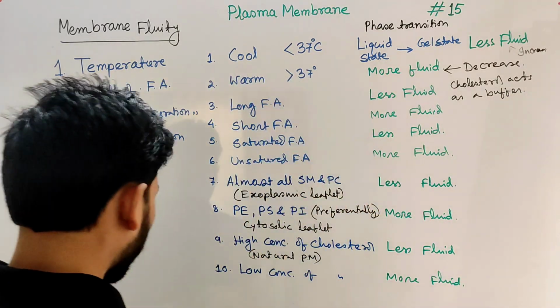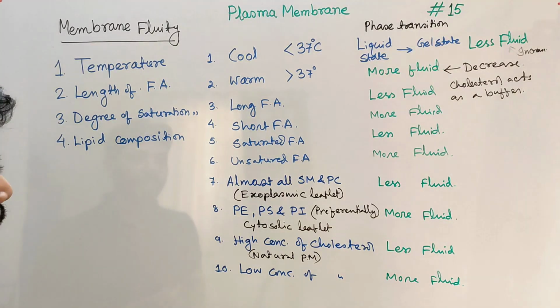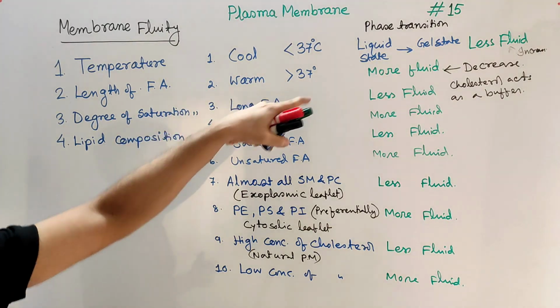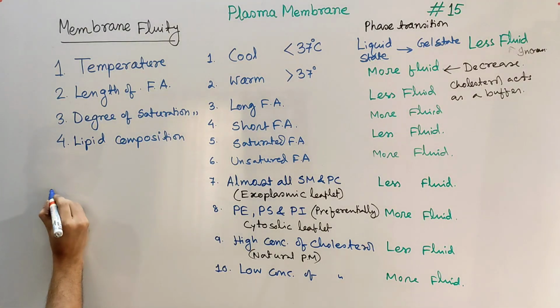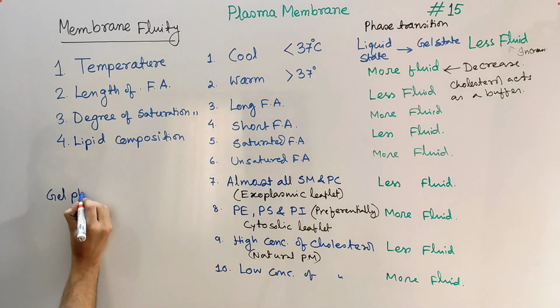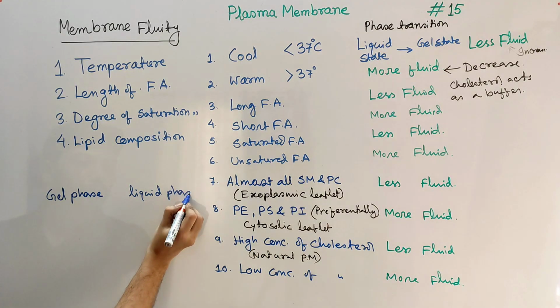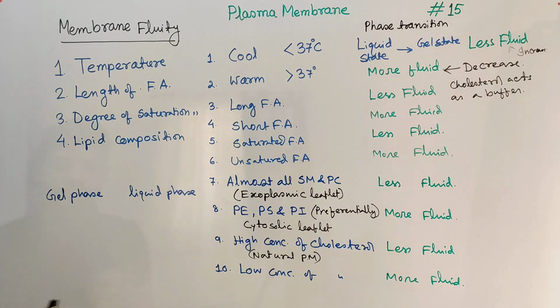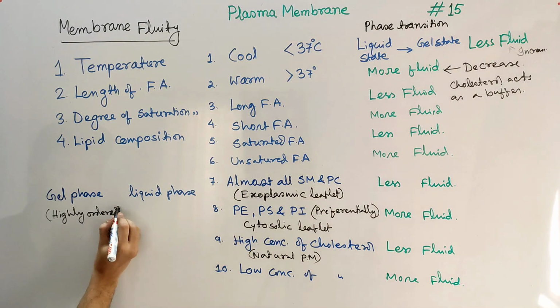Also one point you can remember, that I have mentioned previously that the plasma membrane goes through two phases. This is called phase transition. One is called gel phase and another is called liquid phase. Now I have mentioned that the gel phase is highly ordered, okay.